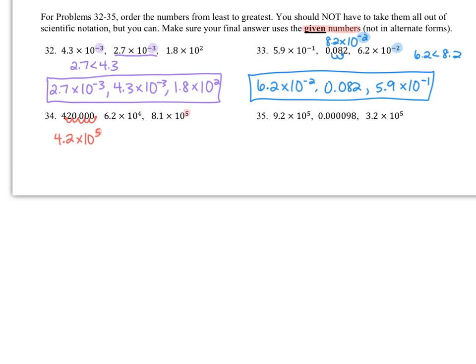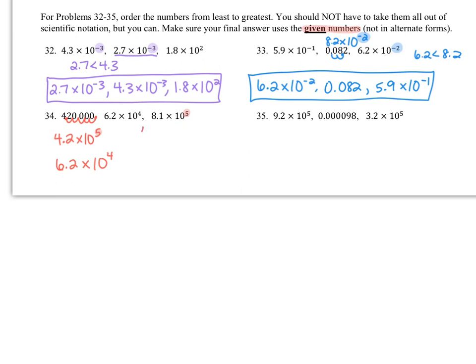Again, look, 4 to the 5th, 4 to the 5th. We have two numbers with the same exponent, but we can easily compare them both to this one since the exponent is different. 4 is smaller than 5, so that's going to be smaller than the other two numbers. So our first number is 6.2 times 10 to the 4th. Now we need to compare these two numbers with the same power of 10.